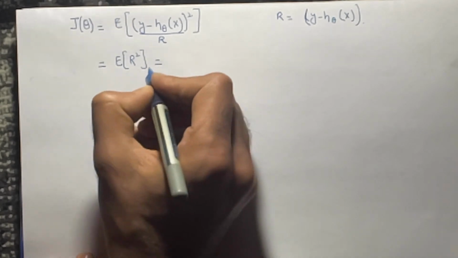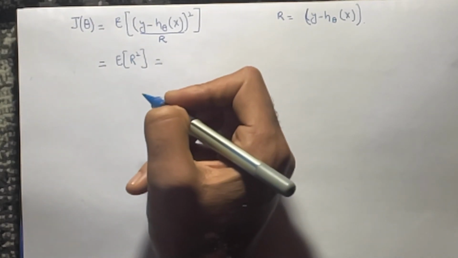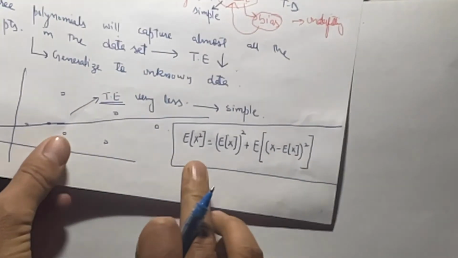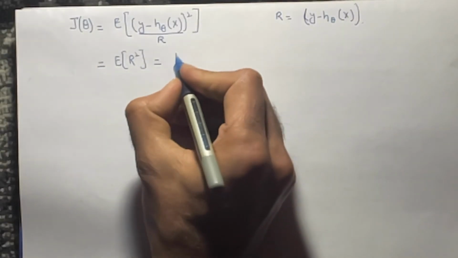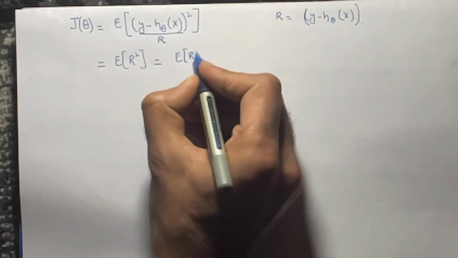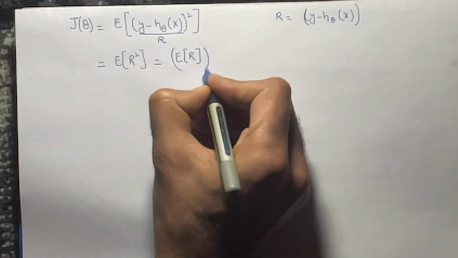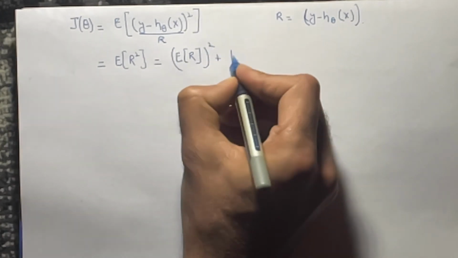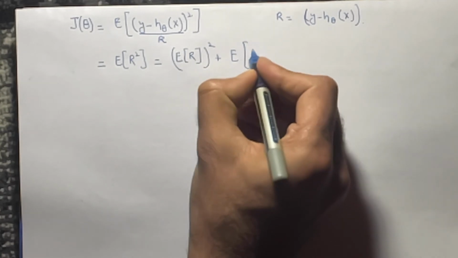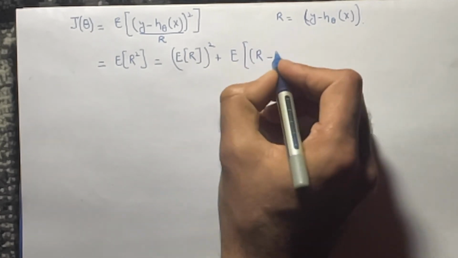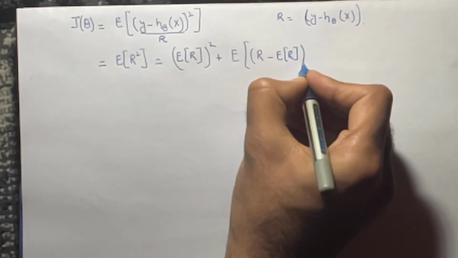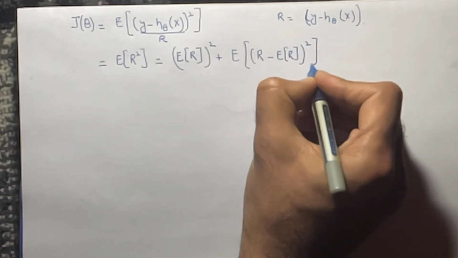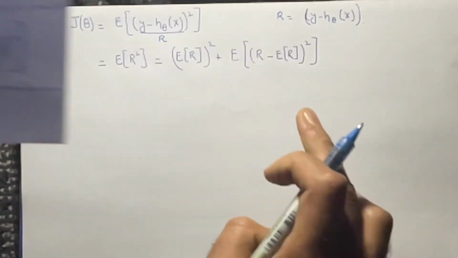And expectation of r square, as I have shown here, expectation of x square is like this. So it will be expectation of r whole square plus expectation of r minus expectation of r whole square. So I am using this particular equation here.